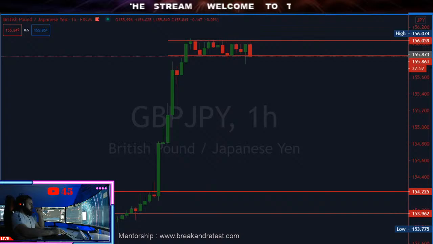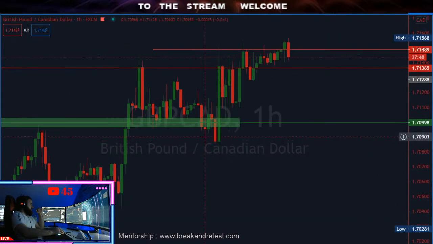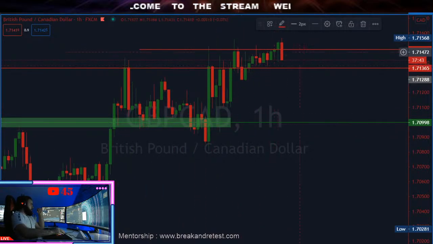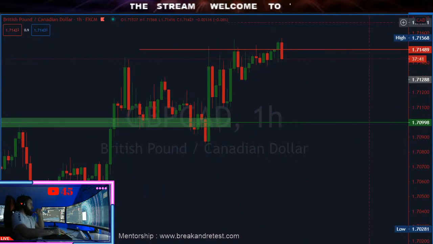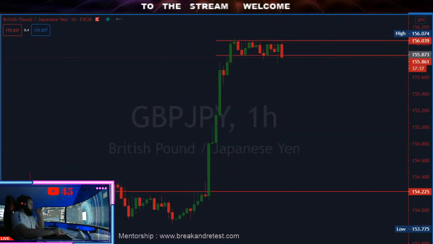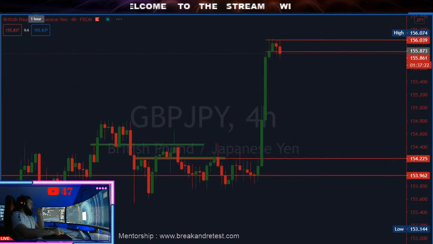See how it closes. Let's just see what GJ does, because most probably it's gonna do a fake out. It should make a correction. You never know, bro. This could be enough as a correction. It can still move to the upside more, but we're gonna see. It might be good, it might not.